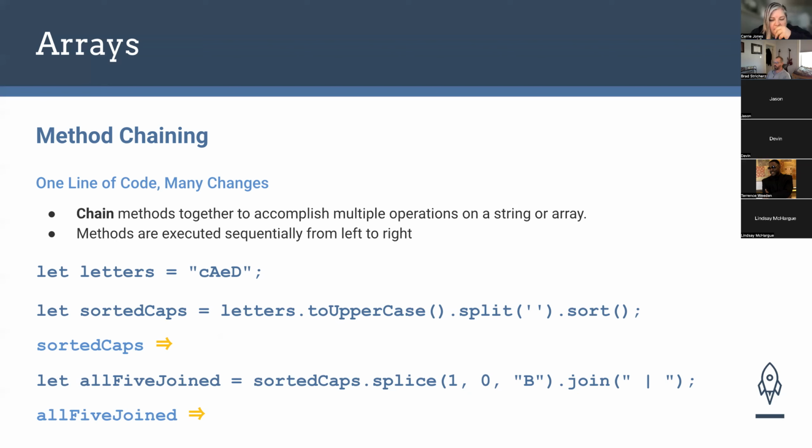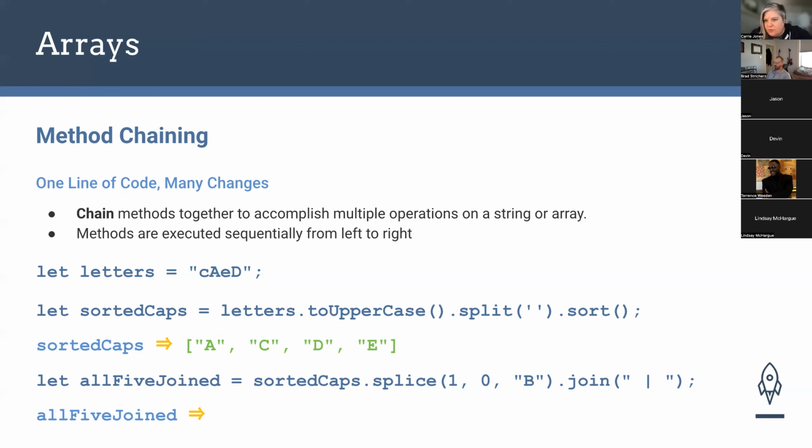A, C, D, and E all in uppercase with a space in between them? Close. It's actually not a string, it's an array. Ah, because I sorted, but I didn't join. Yes, so you kind of have to think it through because I'm doing things one step at a time.